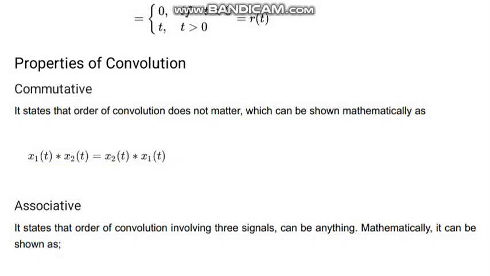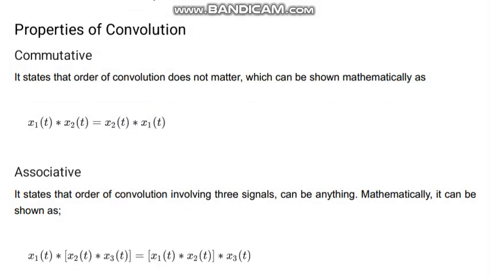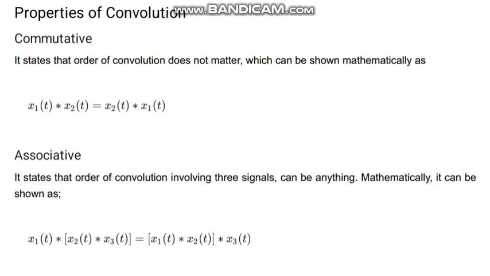The second property is the associative property. The associative property states that the order of convolution involving 3 signals can be anything. Mathematically it can be written like this: the convolution of x1(t) with x2(t), convolved with x3(t), and this pair is just separated by a bracket.